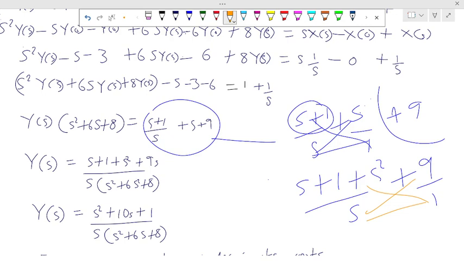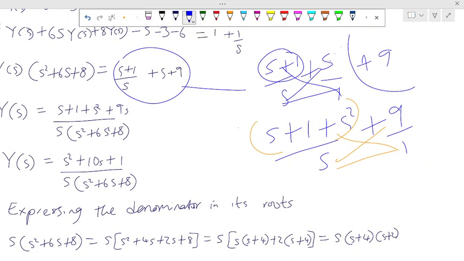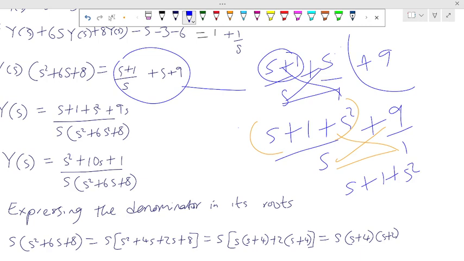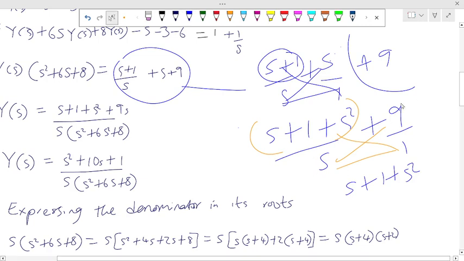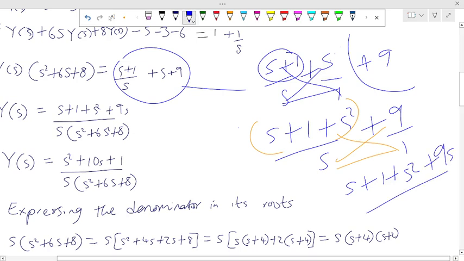This will multiply everything here. So I'm just trying to give them a common denominator, okay? When 1 multiplies everything here, that will remain the same. So it will be s plus 1 plus s squared. Then when this s multiplies, this will give you what? 9s. That will be plus 9s all over s. Okay? Good. Of course, this will come and add to this, will give you 10s.